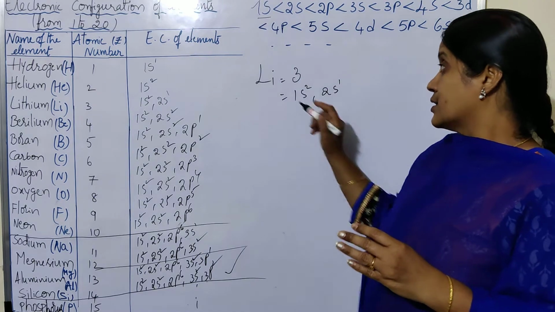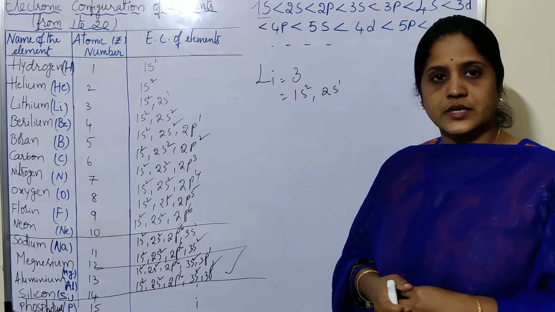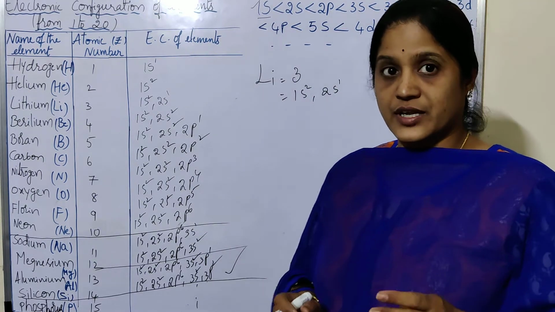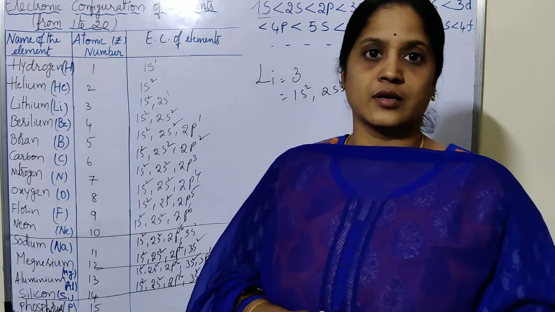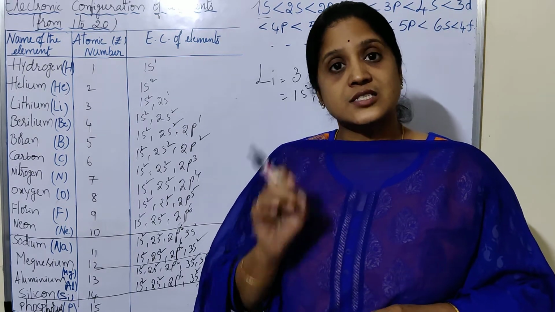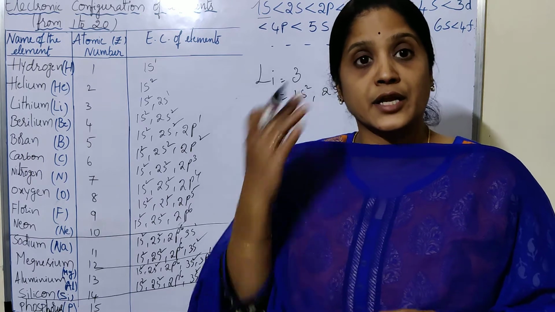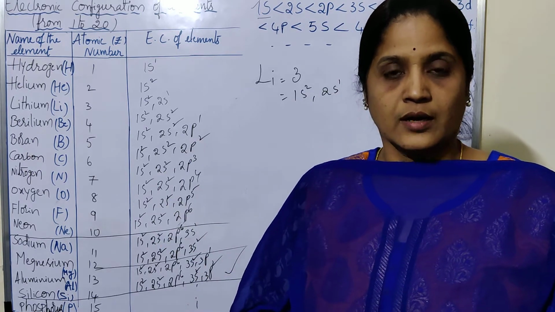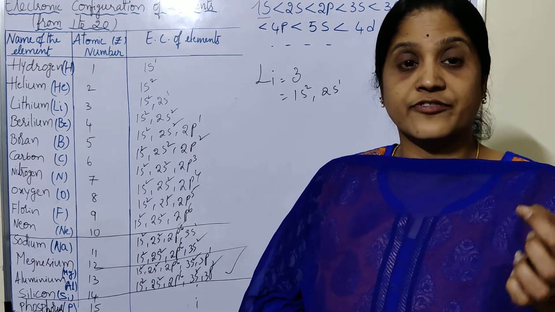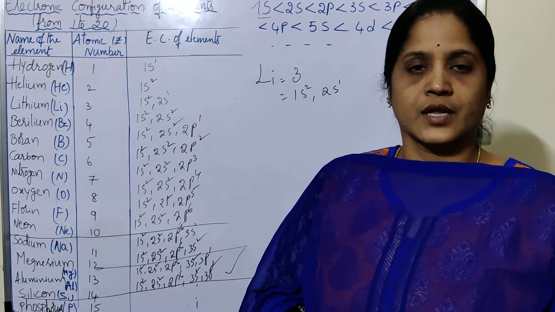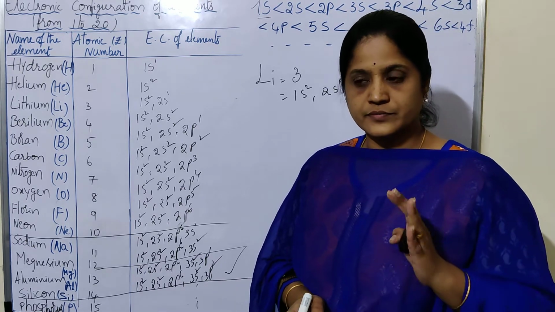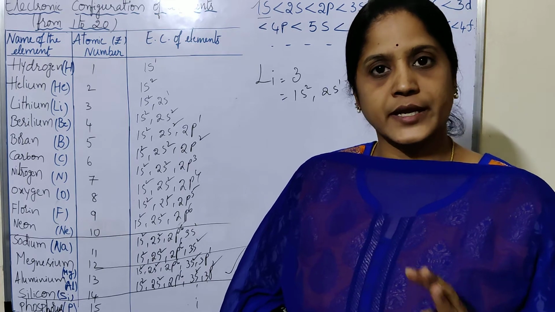In this lithium, there are 3 electrons. Out of that 3, the last electron, the orbital it enters, is known as the differentiating electron. Once again, I am repeating. What is the differentiating electron?